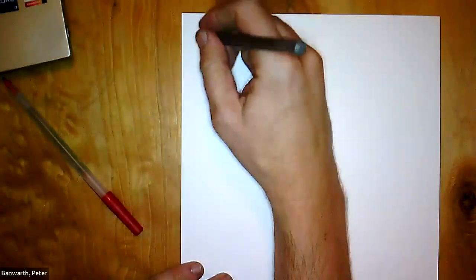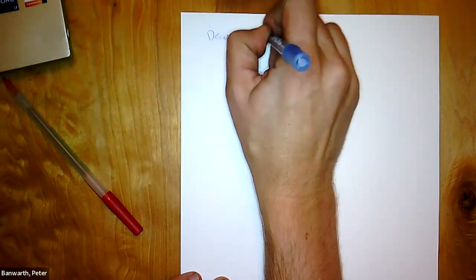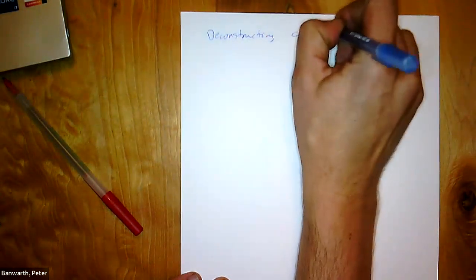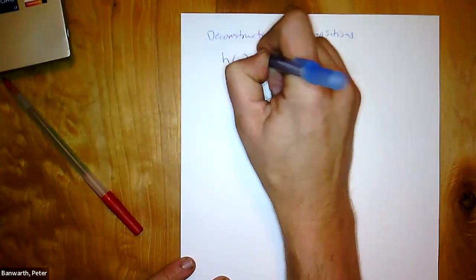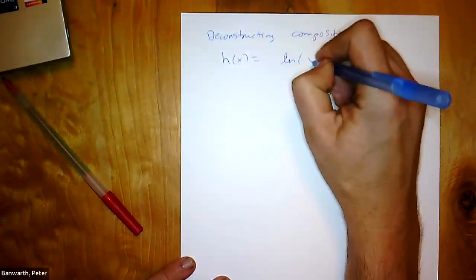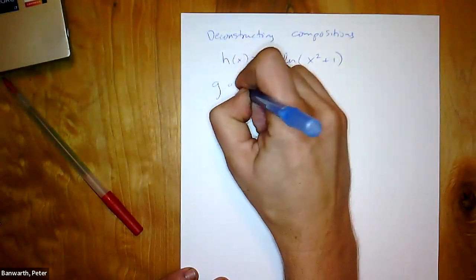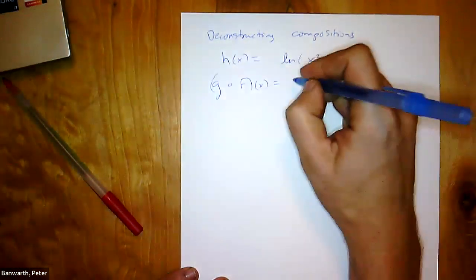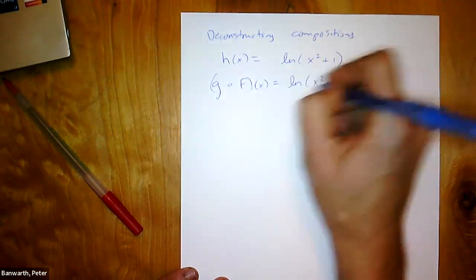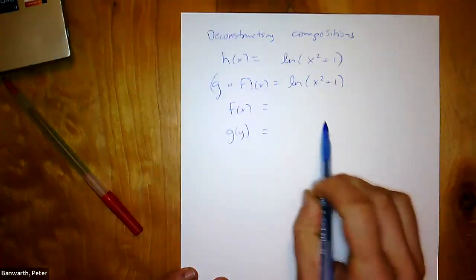All right, last thing is deconstructing compositions. So if I told you that I have a function h of x equals natural log of x squared plus 1, and I want to write it as g composed with f of x, now I can find f of x and I can find g of y.